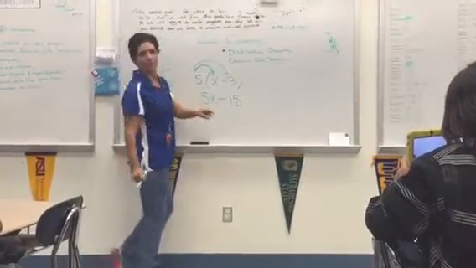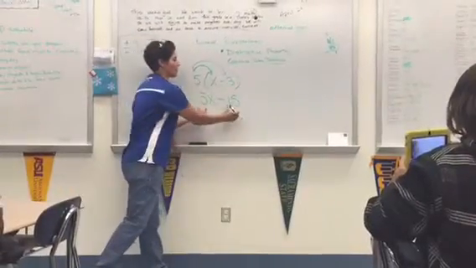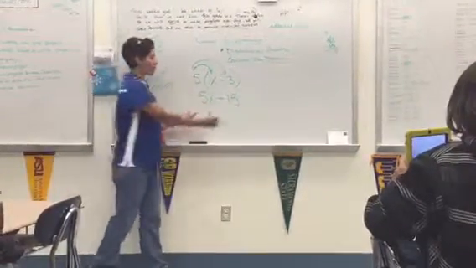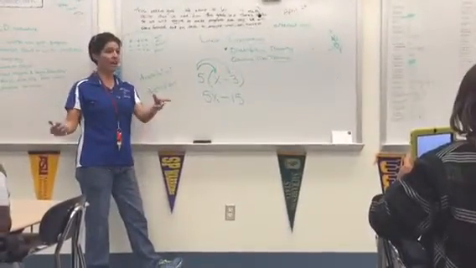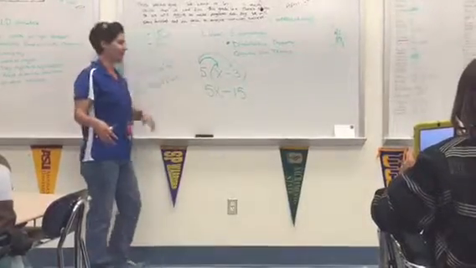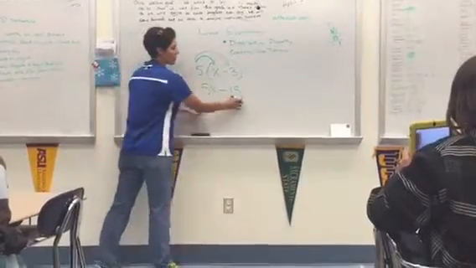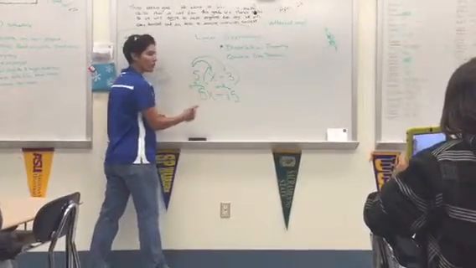And you do this very similar to the way you reduce fractions. Think of how you reduce fractions. You're always looking for numbers that go into both. Is there a number that goes into both 5 and also 15? What number? 5. You're thinking 5 times 3 is 15. But 5 goes into both of them. 5 goes into both of them, so we can pull 5 out of it.